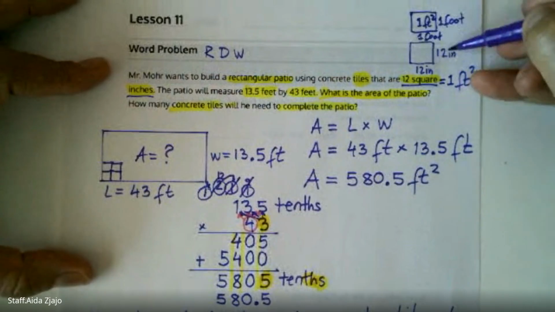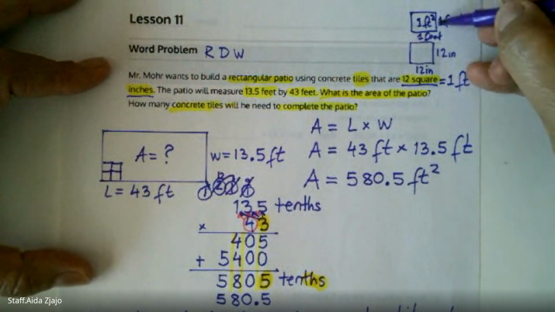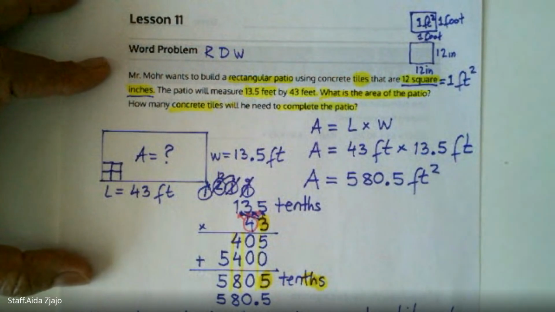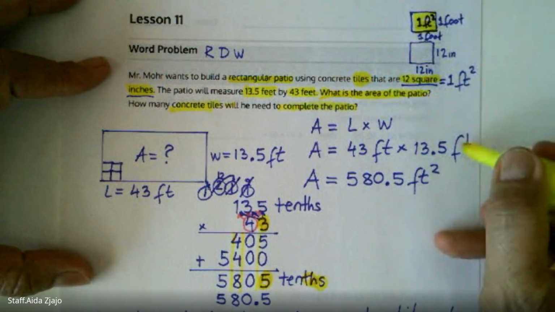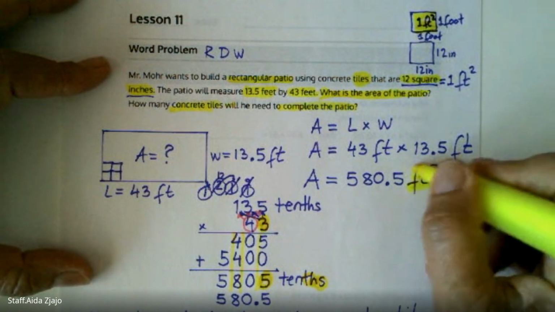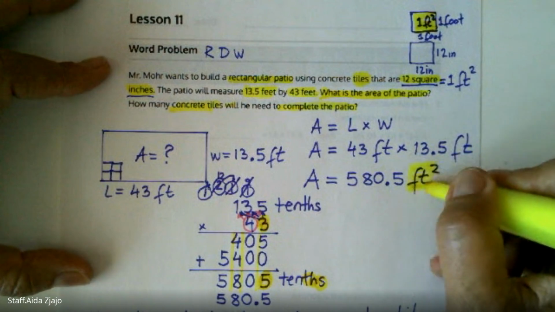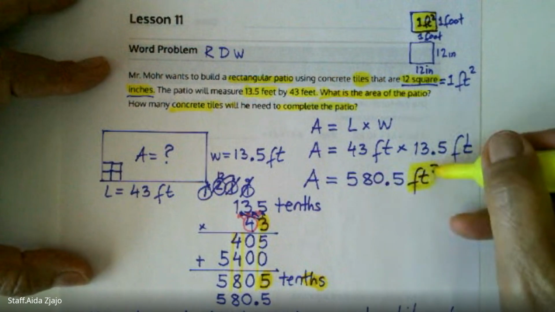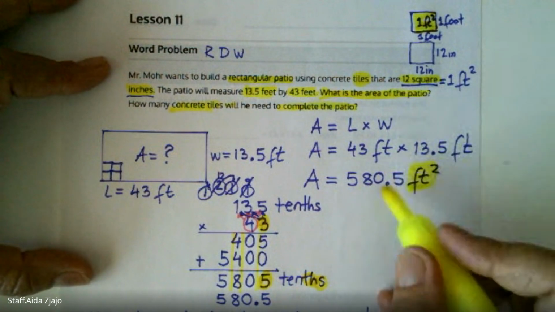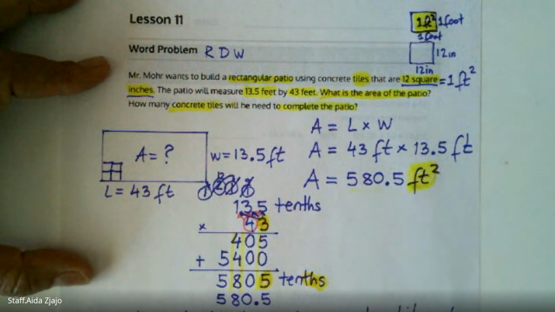So 12 by 12 inches is the same as 1 foot by 1 foot. That means if I have 580.5 feet squared, then I will need that many tiles.